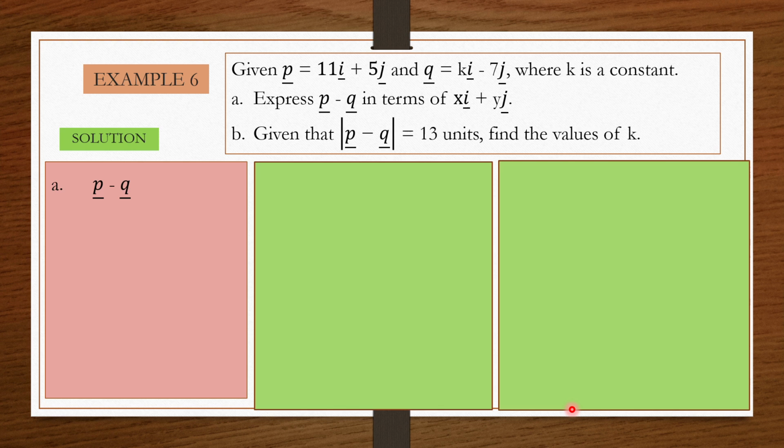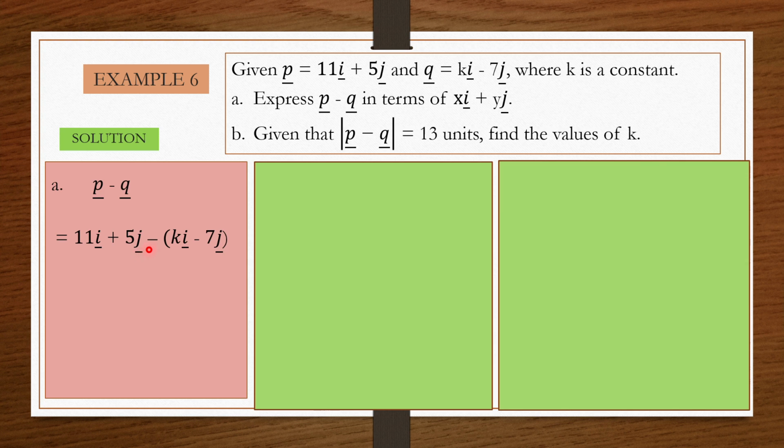Example 6. It is almost the same as example 5 just now. Now you are given vector p and vector q. Express p minus q in terms of xi plus yj. So first step, you change the vector p and vector q so that they will be in terms of vector i and j.